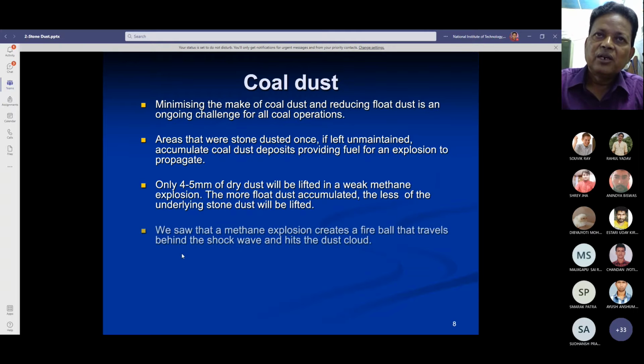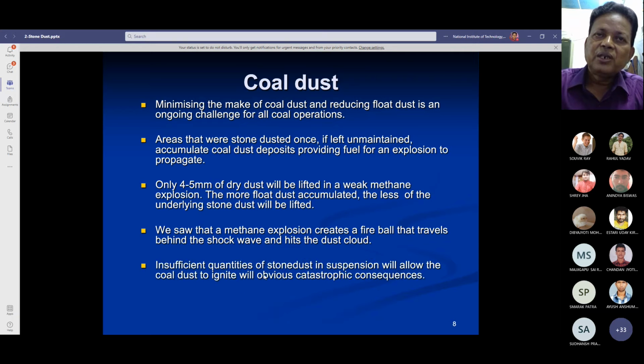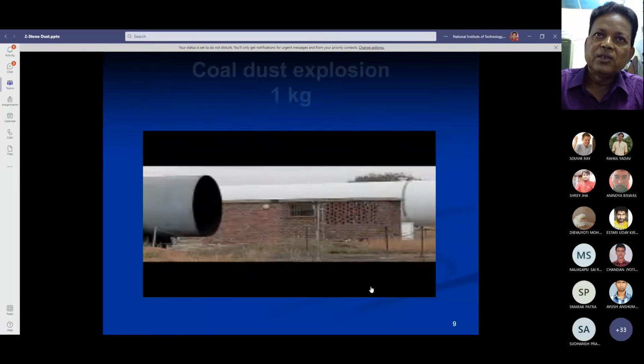We saw that a methane explosion creates a fireball that travels behind the shock wave and hits the dust cloud. Insufficient quantities of stone dust in suspension will allow the coal dust to ignite, with obvious catastrophic consequences.